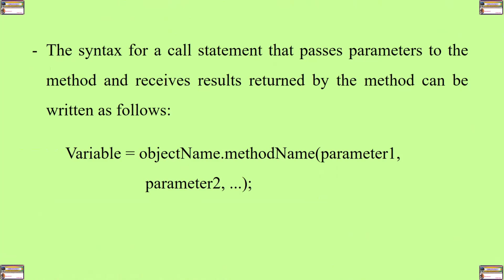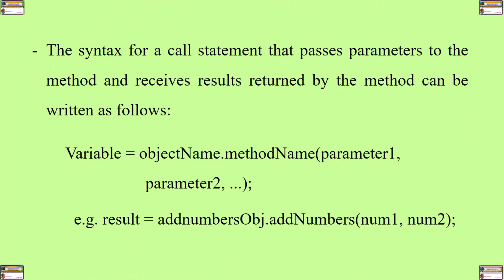So what you do is that if the method being invoked is supposed to return a value, then you must assign that value to a certain variable. So that's why we have variable equals to object name dot method name followed by the parameters that are being passed to that method.